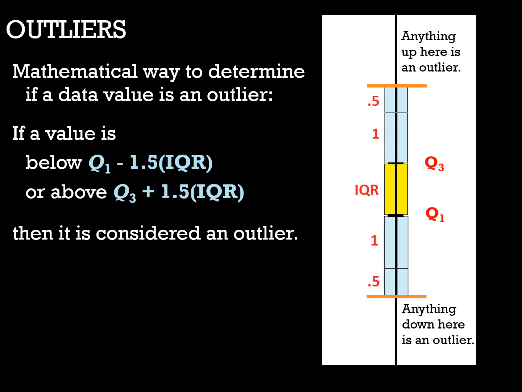So we added that to Q3, whereas before we subtracted that amount from Q1. So now anything above that top line represents a value above Q3 plus 1.5 IQR, and anything up there, we would also consider an outlier.